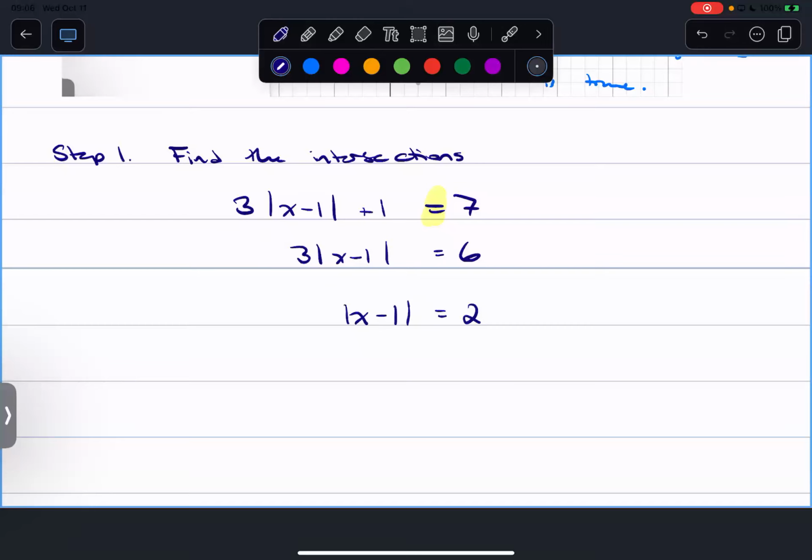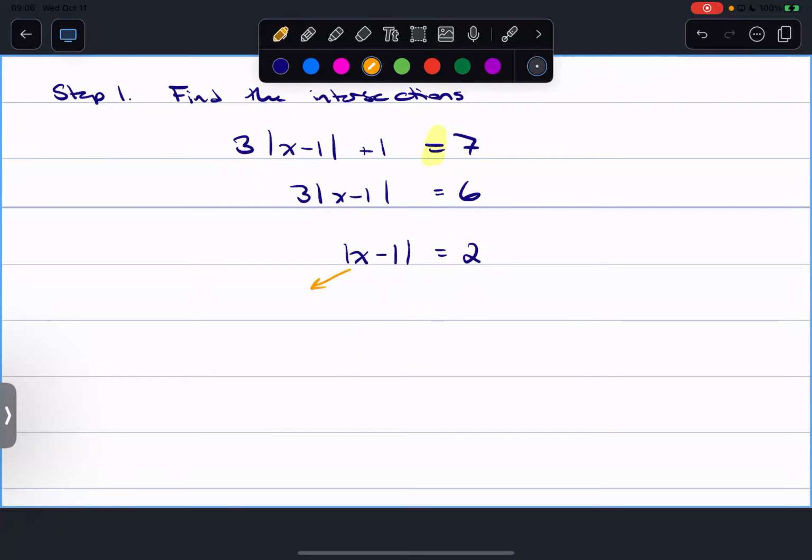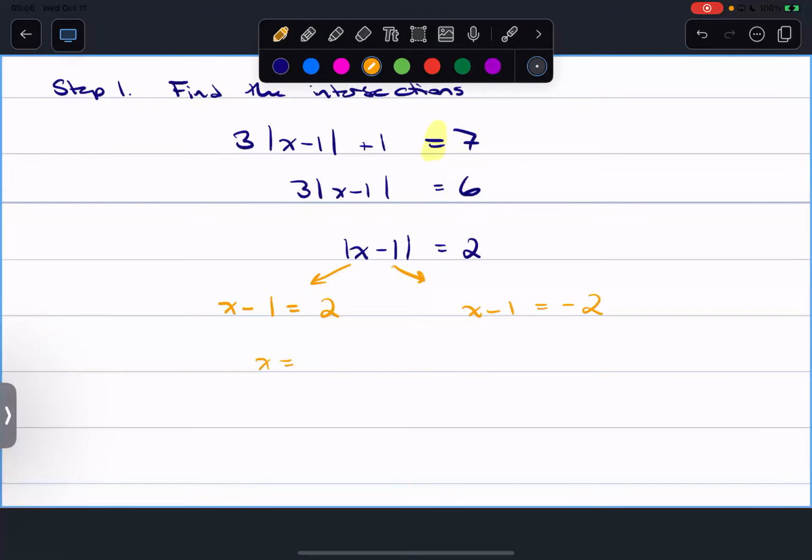Now that I have the absolute value on its own, x minus 1 is equal to 2, or x minus 1 is equal to -2. Okay, well, this is breezy, huh? X is equal to 3, or x is equal to -1.